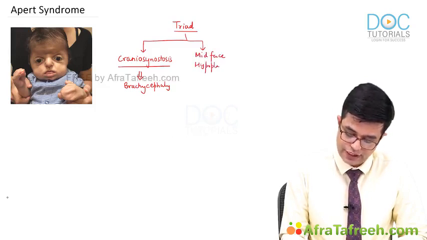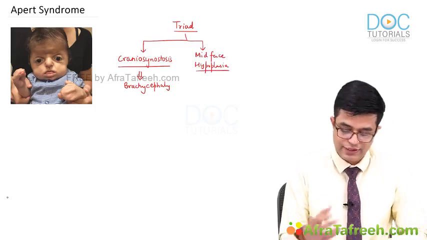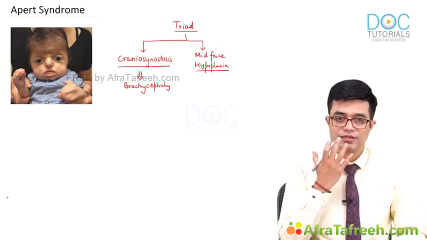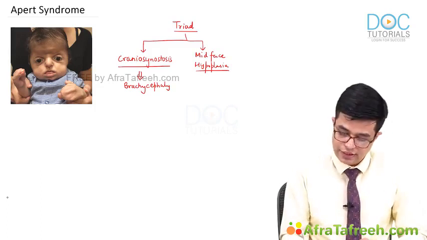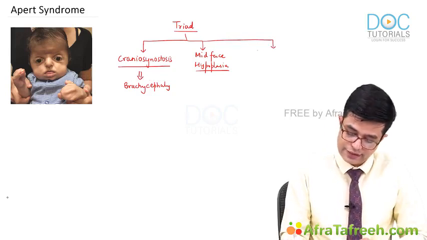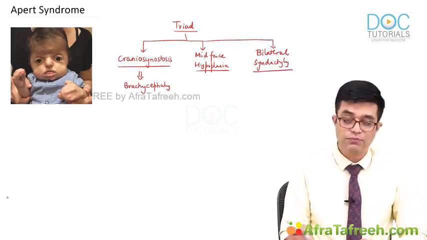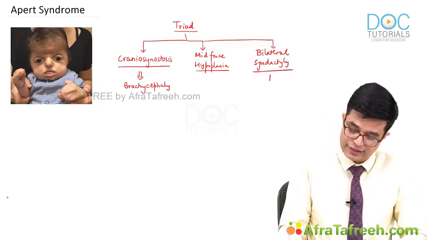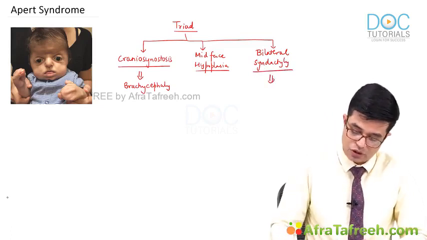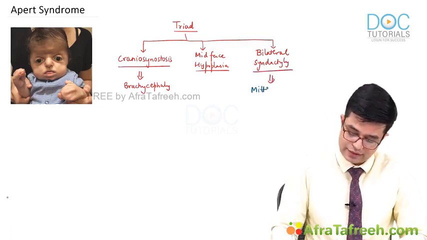Can you see in this child that there is a mid-face hypoplasia? The middle part of the face is hypoplastic and depressed inwards. And third feature is bilateral complete syndactyly. All the fingers of both the hands are fused. These hands are called mitten hands.